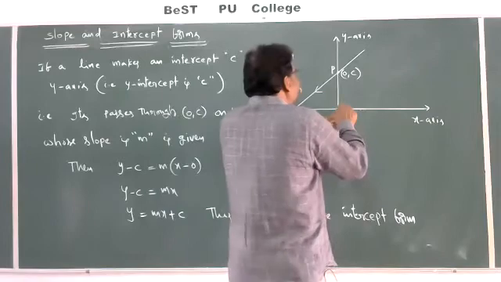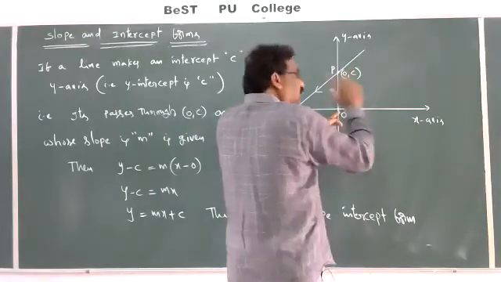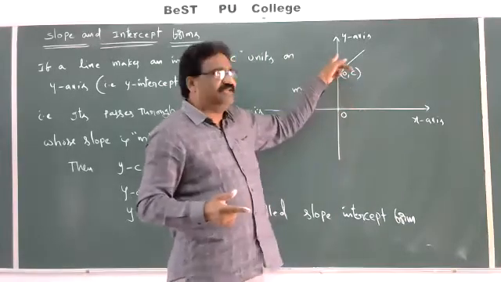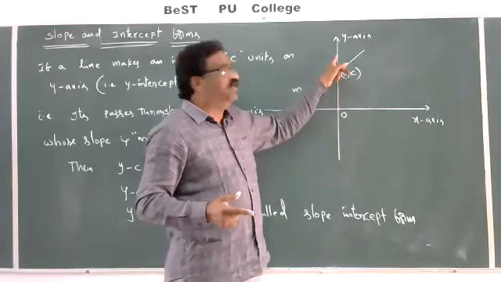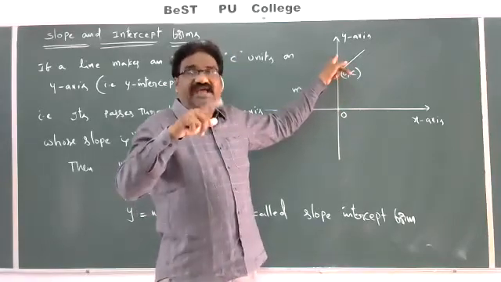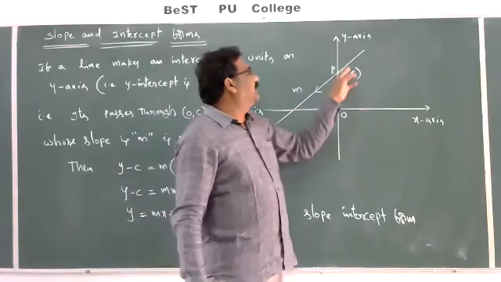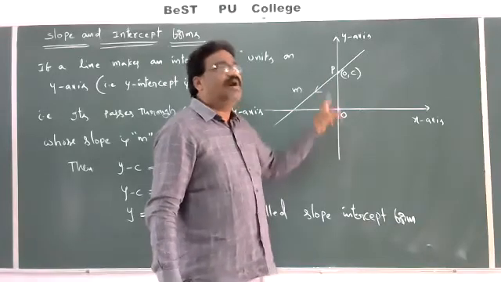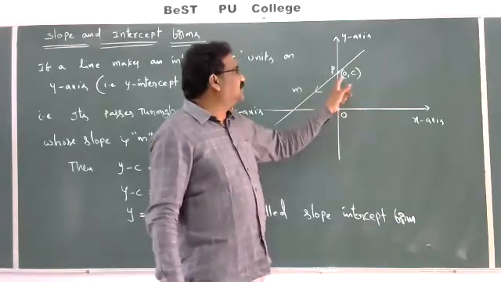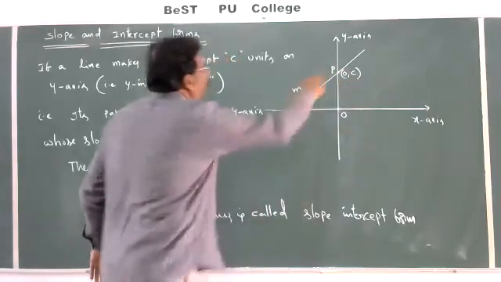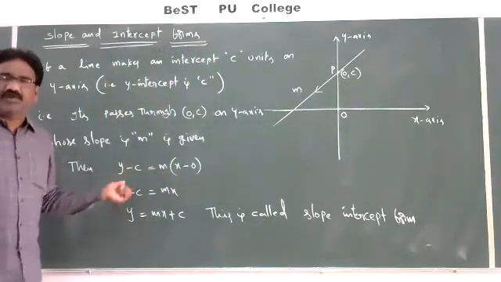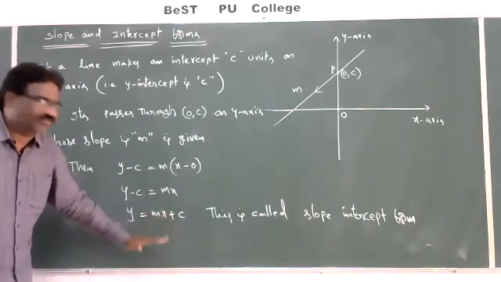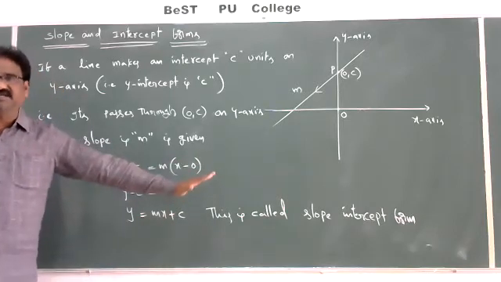C units intercept means the distance from the origin to the point where the line cuts the y-axis. For example, a line cuts the y-axis here. The distance from the origin to that point is called the intercept on the y-axis. So this line meets at 0 comma c, which means this line makes an intercept of c units on the y-axis. That's why it passes through 0 comma c and has slope m. By using the slope and point form, you get y is equal to mx plus c. This form is called the slope and intercept form.